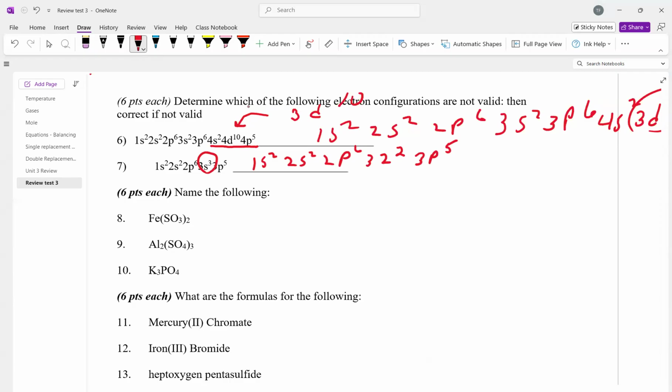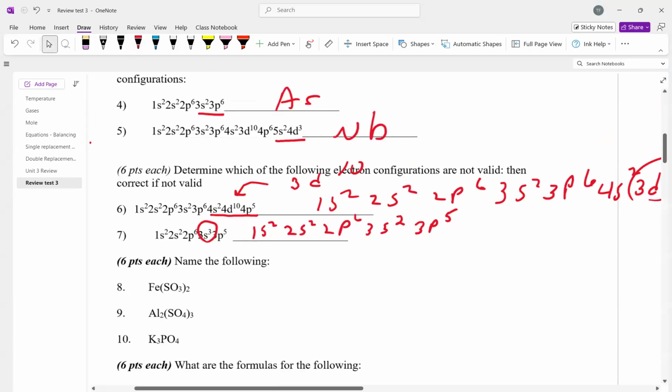Now you could do this one of a couple different ways. You can just correct it, or you can count the number of electrons and make the electronic configuration consistent with the number of electrons. So there's two answers here you could do.